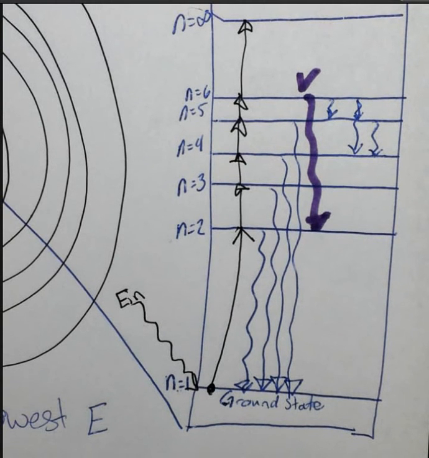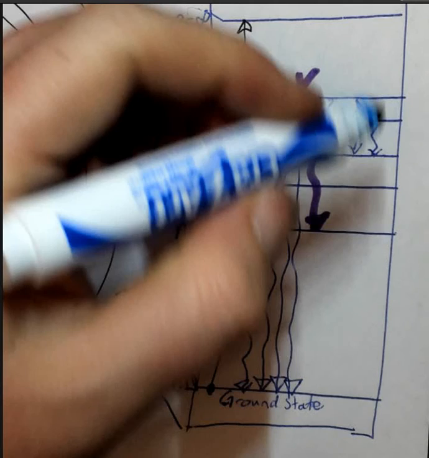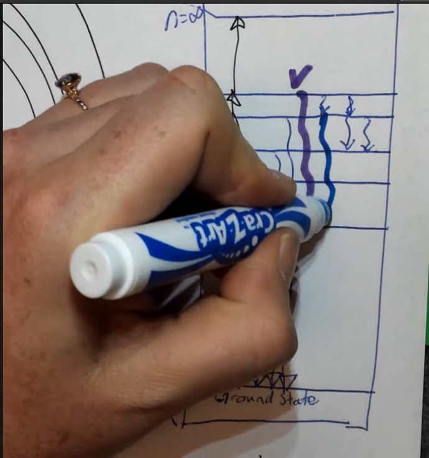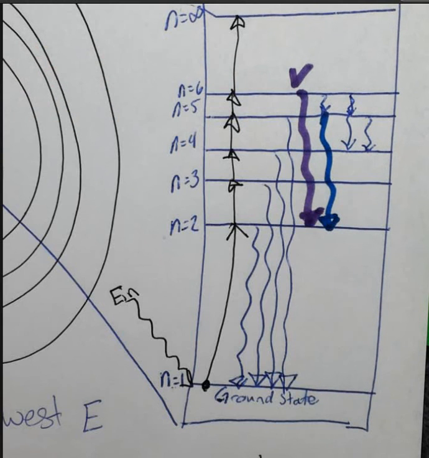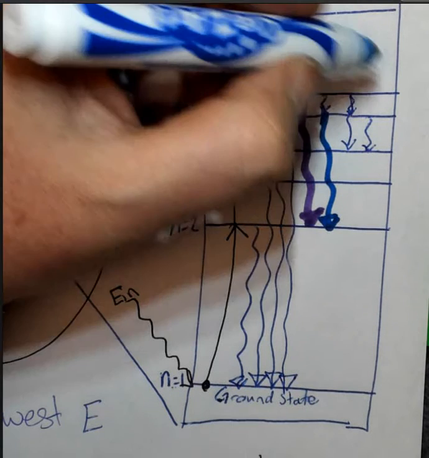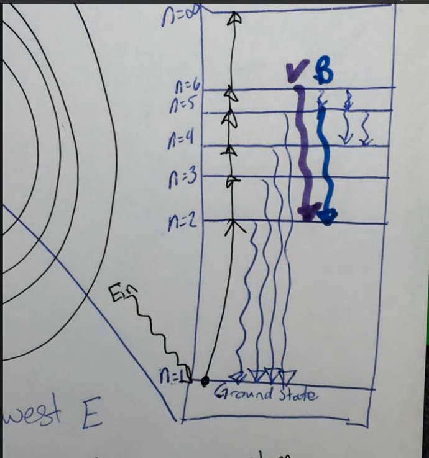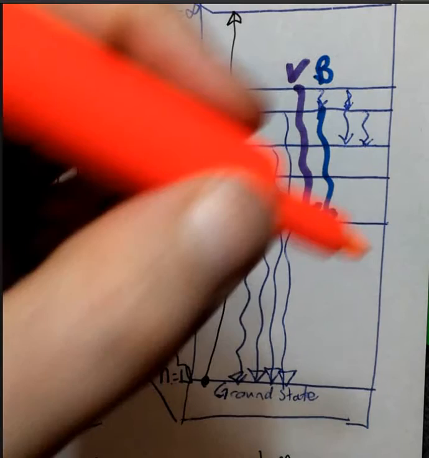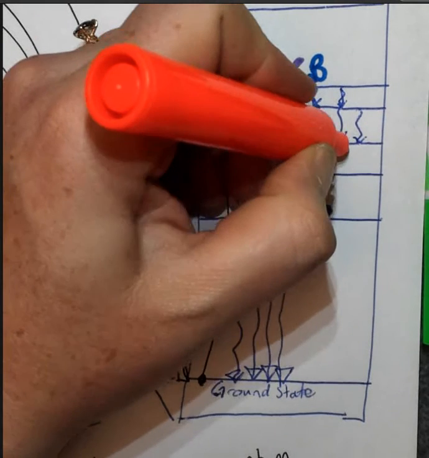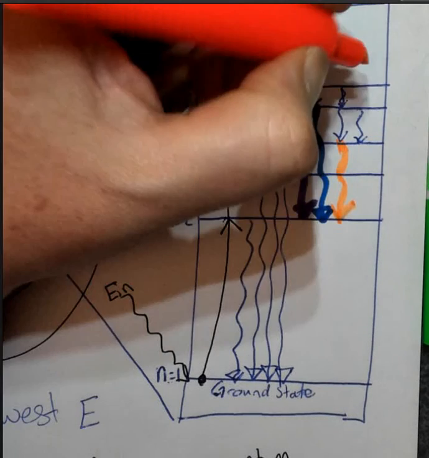The energy transition between energy level number 5 and level number 2 is less quantum than 6 to 2. So that produces blue light. And the energy transition between 4 and 2 produces orange light.